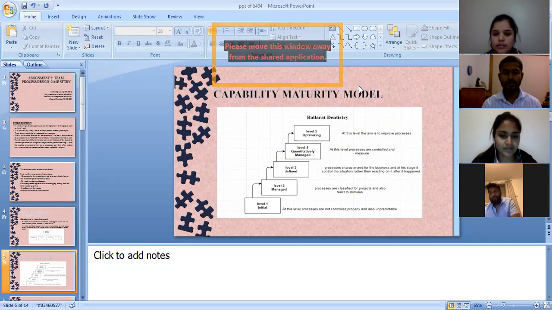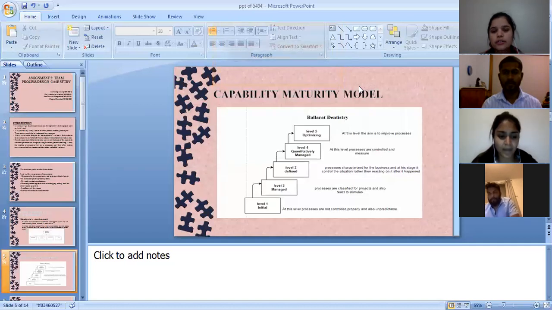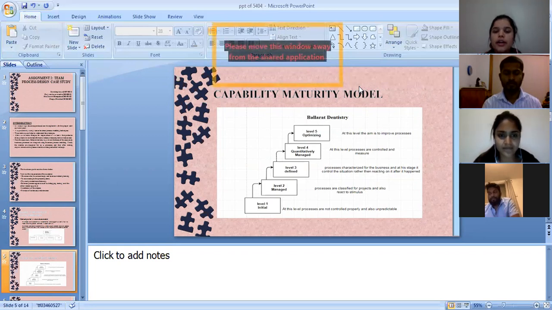the situation that is arising. The next level is the third, defined level. At this level, the process is more mature than the previous levels. The process is categorized for the business, and at this stage it controls the situation rather than just reacting to it. And the next level is quantitatively managed.